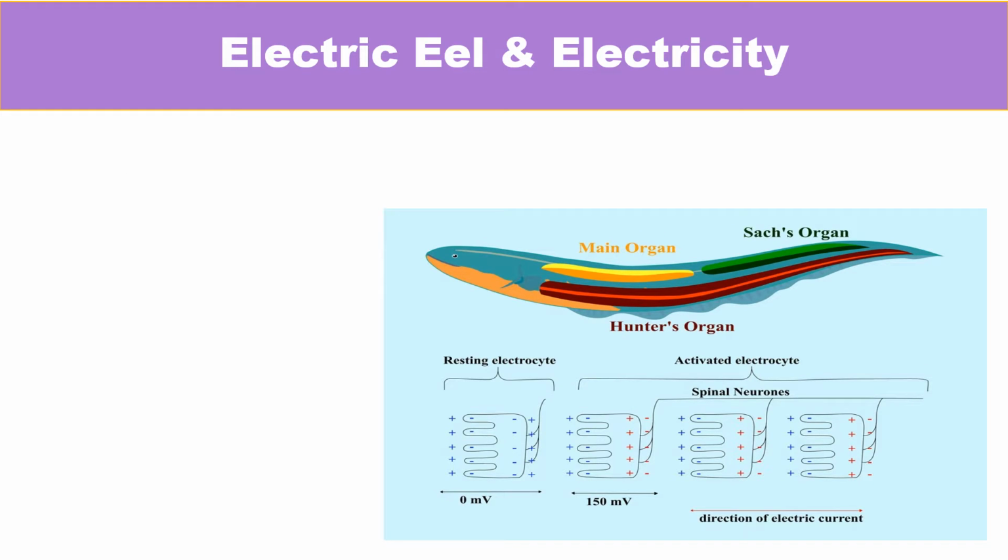Let's recall a little bit. In order for electrons to go from one place to another, we need some kind of attraction, which is done by the positive end. This is a little recalling. Opposites attract.